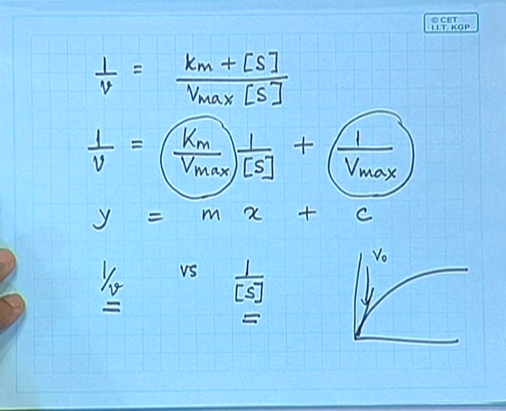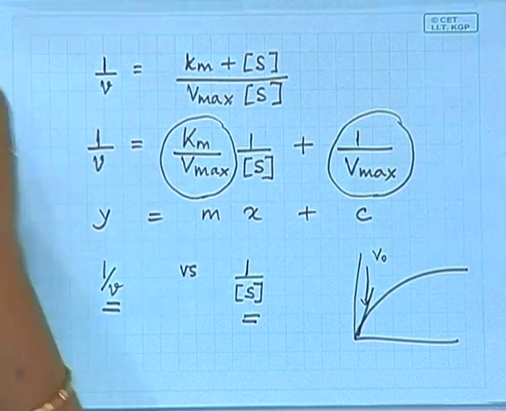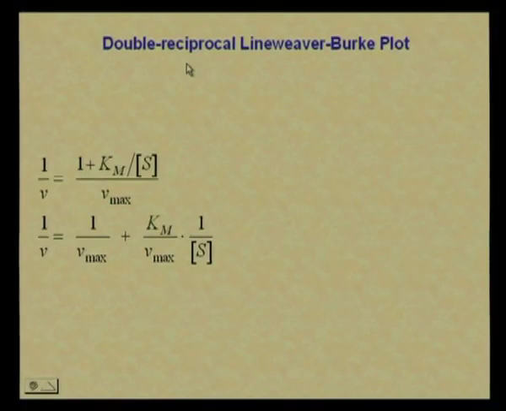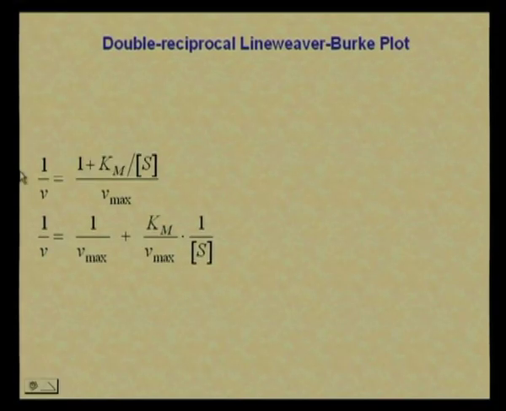This is exactly what you can do to get what is called a double reciprocal plot, also known as the Lineweaver-Burk plot, that is extremely important in enzyme kinetics. There is no enzyme kinetic reaction or plot that you can do without doing a Lineweaver-Burk plot.